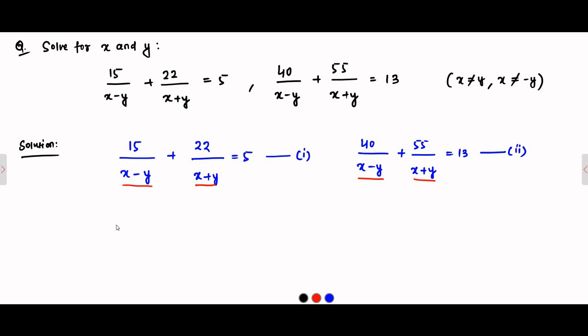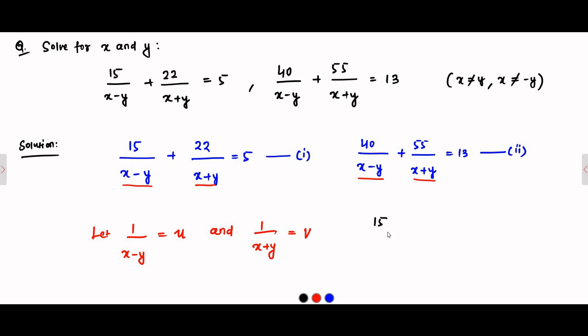So we'll make some substitutions through the introduction of two new additional variables. Let 1 by x minus y is equal to u and 1 by x plus y is equal to v.